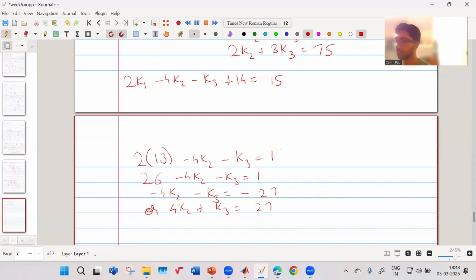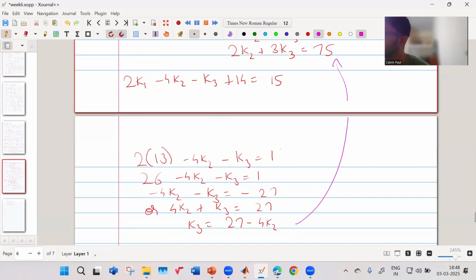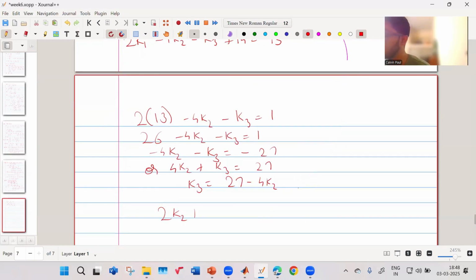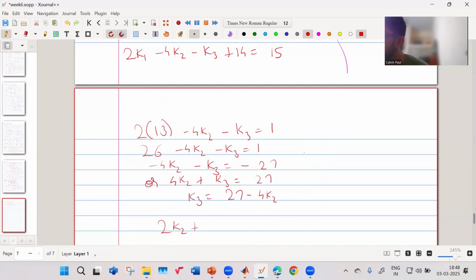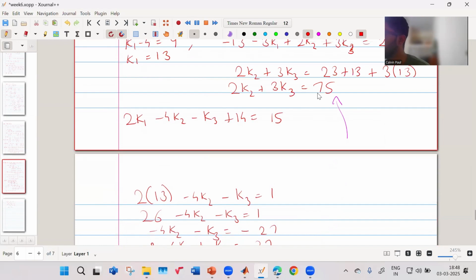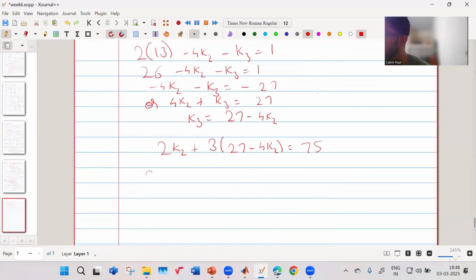So I can write K3 as 27 − 4K2, and then I substitute it over here. So what I will get: 2K2 + 3K3, and 3 into K3 is 27 − 4K2, is equal to 75.